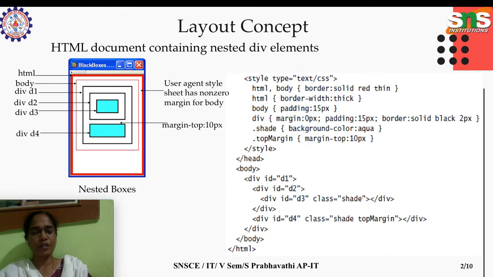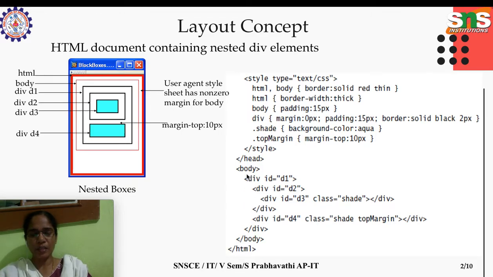We have seen three categories of CSS: inline, embedded, and external. Using this style element we have styled the HTML document, so this comes under embedded, or internal, style sheet. We will come back to this style later. Before that, let's look into the body part of this HTML document.